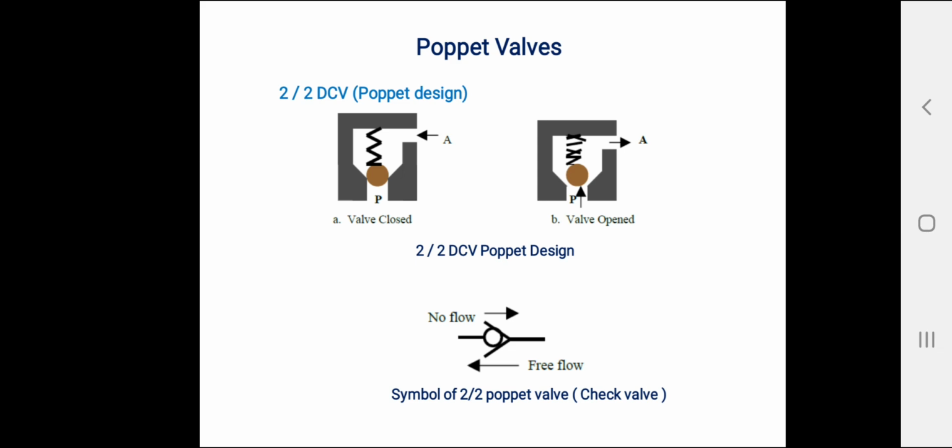The symbol for this type of design is the same as that of the check valve. So here you can see this check valve symbol. It is one way flow of fluid from P to A, not A to P. In case of A the valve is closed and in B the valve is open.